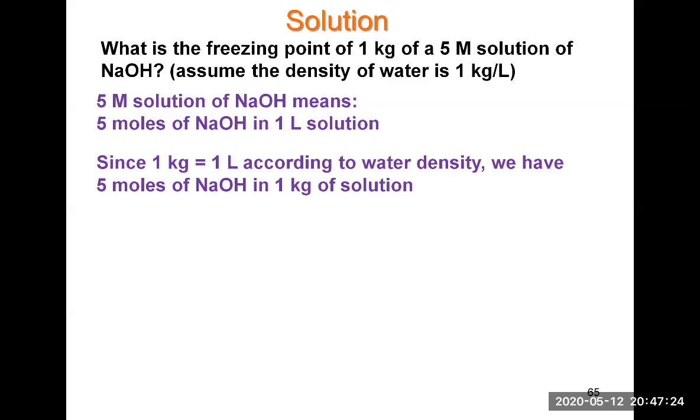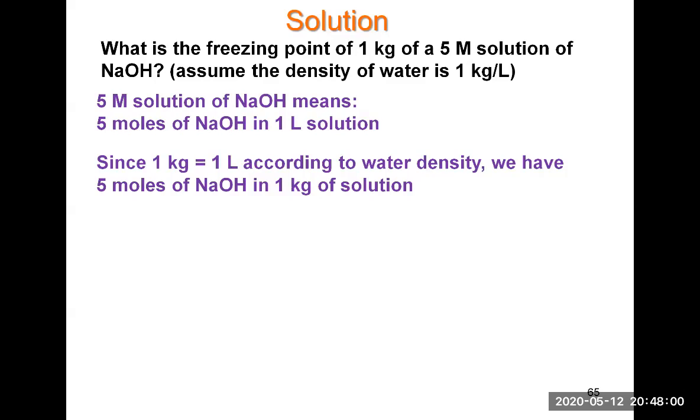And we know that 1 kilogram of water normally freezes at 0 degrees Celsius. But we also now know that having 5 moles of NaOH in there will lower the freezing point. So we need to find out how many particles 5 moles of NaOH actually correspond to. NaOH is an ionic compound because it's made of a metal, sodium, and the polyatomic ion OH-, the hydroxide ion.